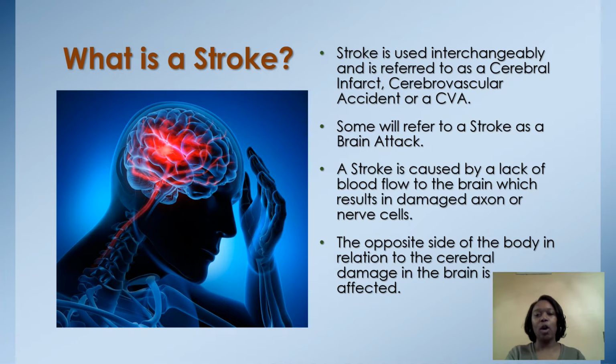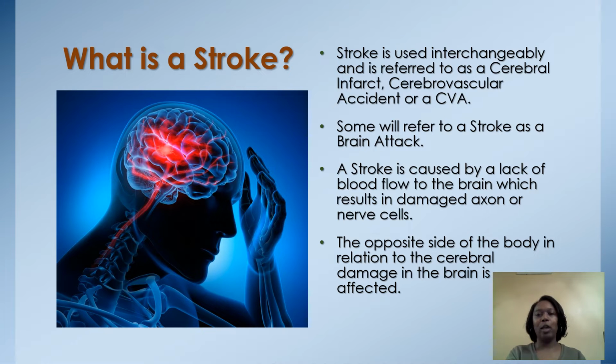A stroke is caused by a lack of blood flow to the brain, which results in damaged nerve cells. The opposite side of the body is affected in relation to the cerebral damage of the brain. This is important to know. So if they have a right CVA, they will have left-sided weakness.